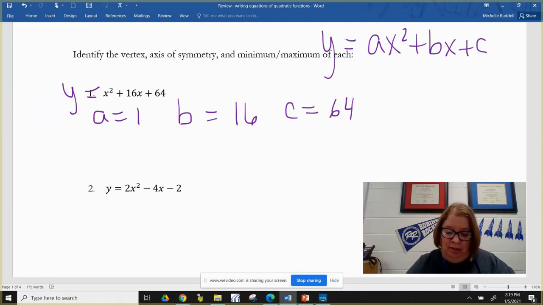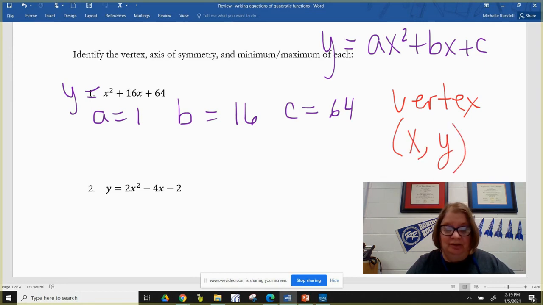If you look back on your chart, it tells you that to find the vertex, you're going to have an x coordinate and a y coordinate because it's an ordered pair. The x coordinate is going to be negative b over 2a. And then the y coordinate is what you get when you plug in negative b over 2a.